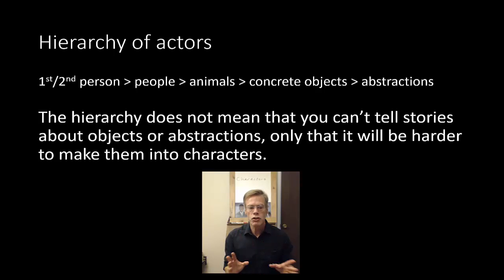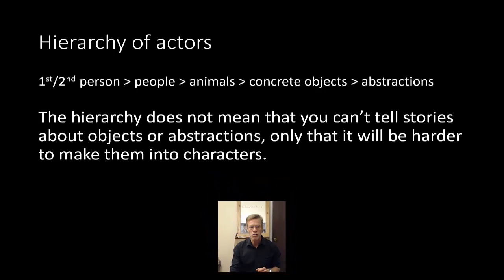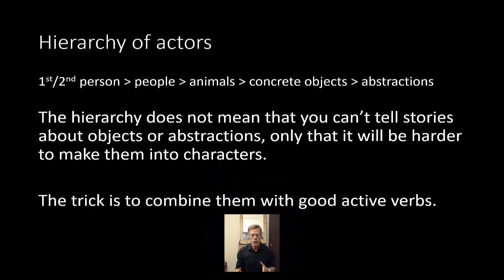All right, but I do want to re-emphasize that the hierarchy does not mean that you can't tell stories about objects or abstractions, only that it will be harder to make them into characters. And the way that we make them into characters is to combine them with good active verbs. As long as we do that, we can tell a good story about anything.